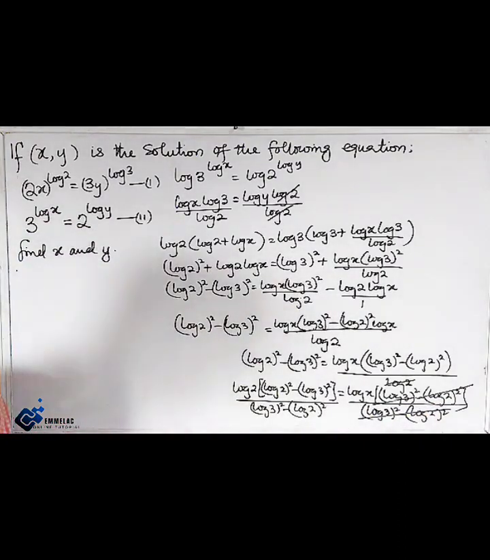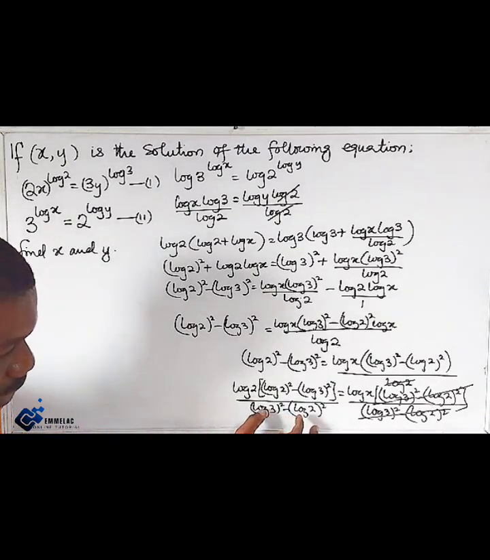Now, when you look at this here, you can see that here we have log 2 to the power of 2, here log 3 to the power of 2. Now there's a swapping of the numerator, which is the expression of the denominator.